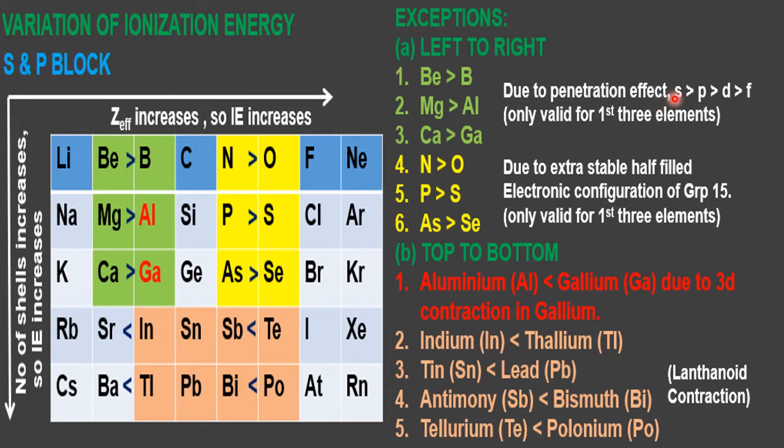What is the penetration effect? Penetration effect is the time an electron spends in a particular orbital. If the electron is in the s orbital, it spends more time close to the nucleus because of the spherical shape. As you move from s to p, p to d, d to f, penetration decreases.